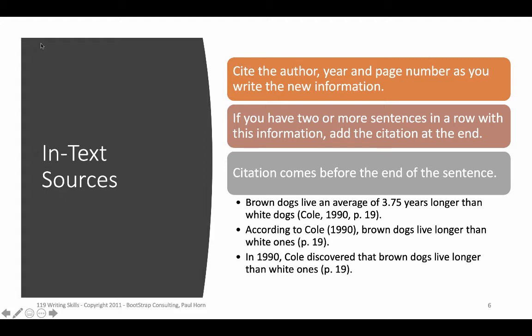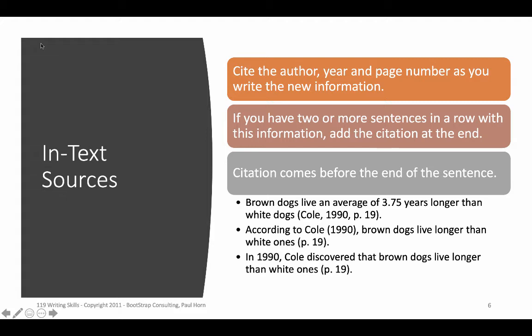The reason that we include the year is because sometimes you'll have a reference from an author that's in one year, and you'll have another reference from the same author published in a different year. And this is how we can distinguish them. But what happens if I choose to put the name of the author right into the sentence? Well, then I don't need to put it in those parentheses.